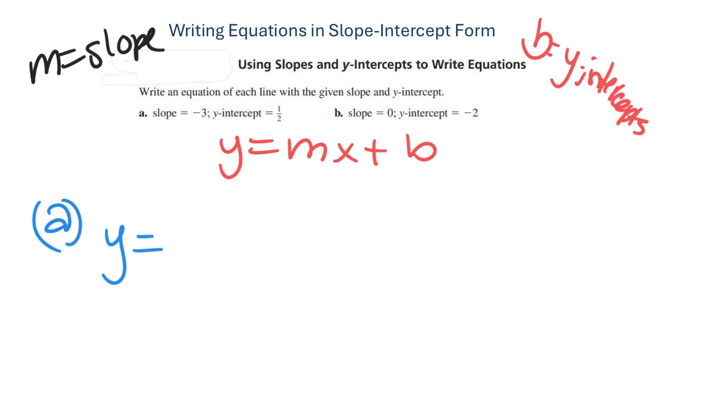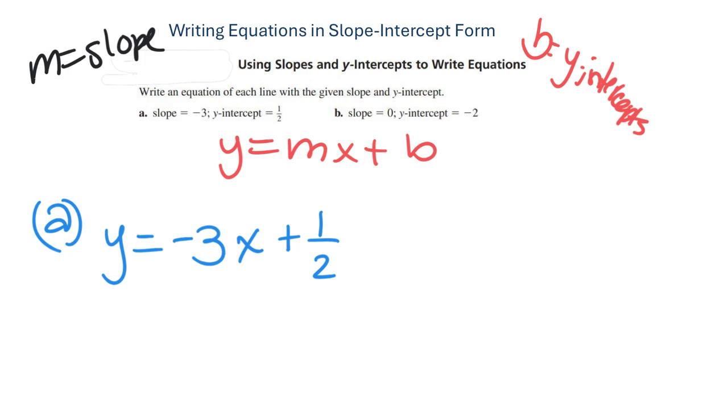And what is m? -3. Are we given x? No. Are we given b? Yes. Is it positive or negative? So that means I have to write a plus sign, right? And that is your answer. Okay? That's how you write it.